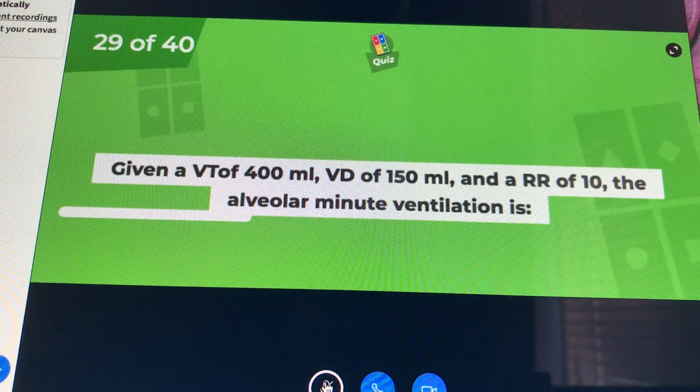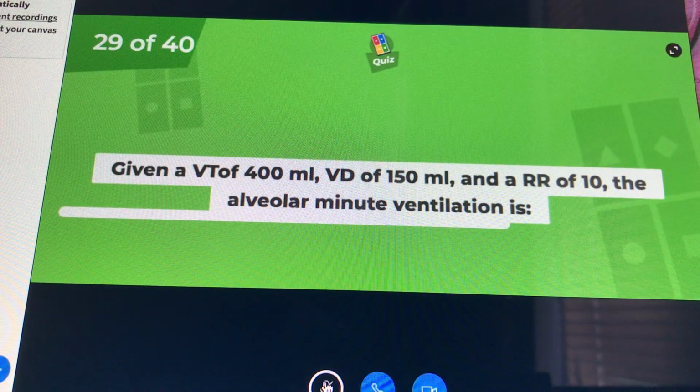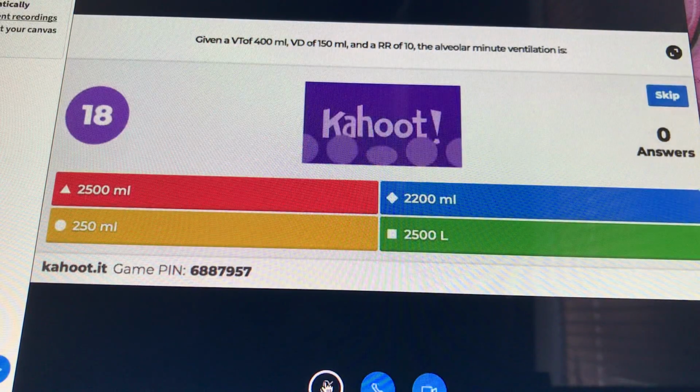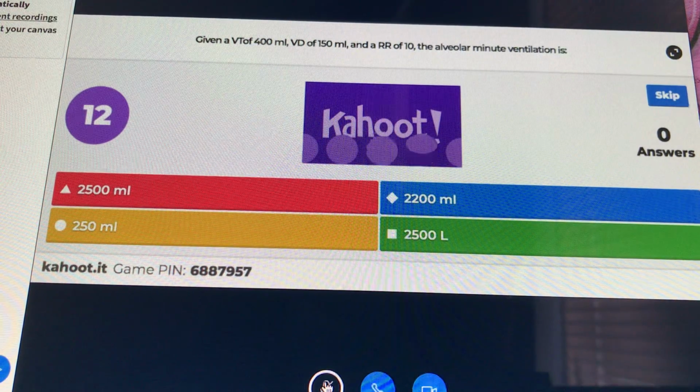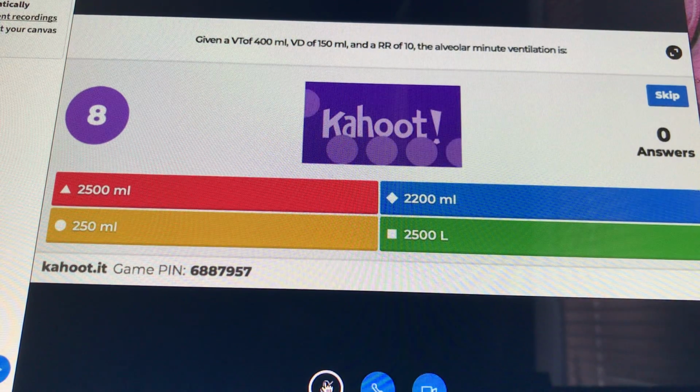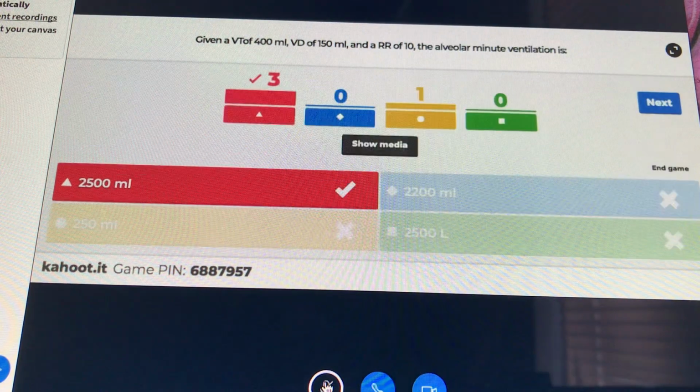Given a tidal volume of 400 mLs, dead space of 150, and a respiratory rate of 10, what is the alveolar minute ventilation? Good, 2,500 mL.